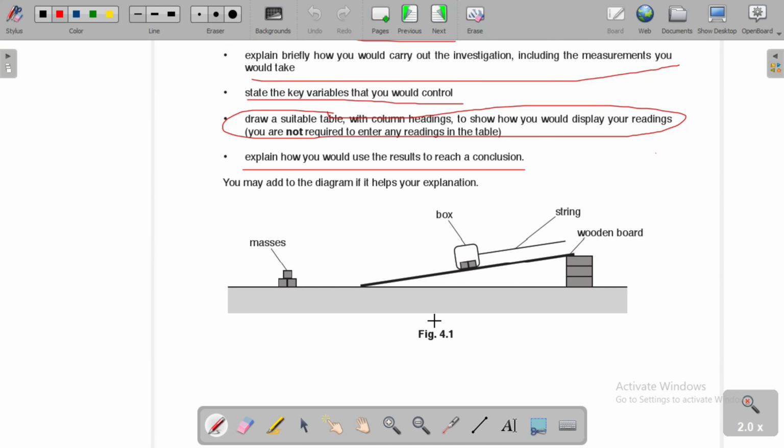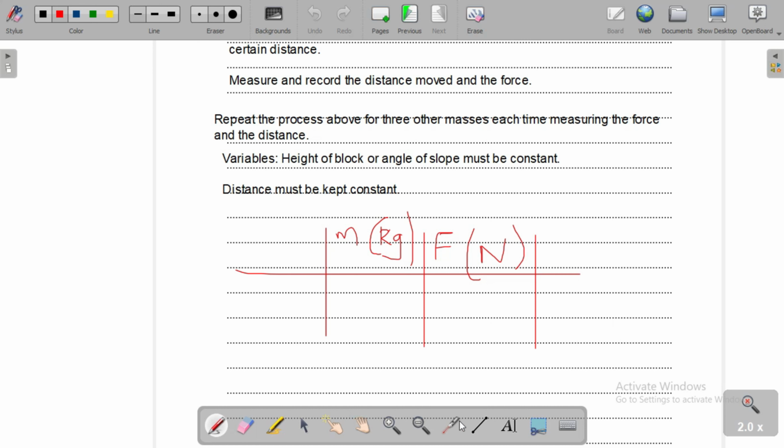Explain how you would use your result to reach a conclusion. Now, to reach a conclusion, you can say plot a graph of work done against mass, because you are comparing the mass.